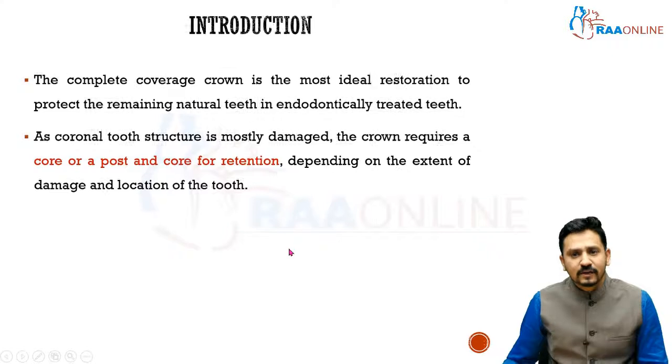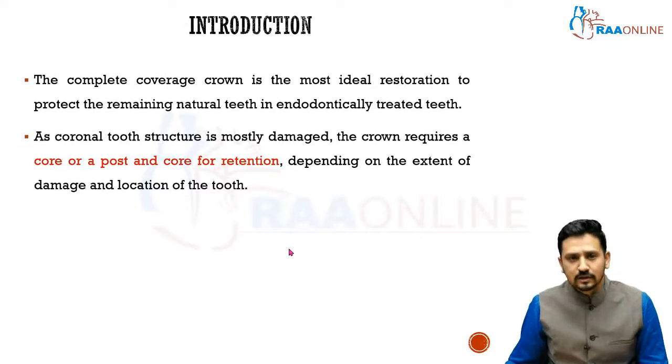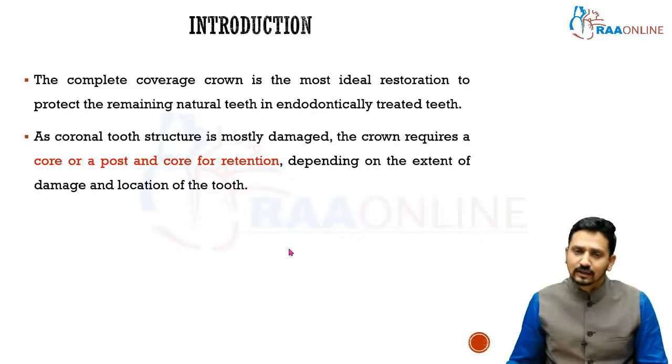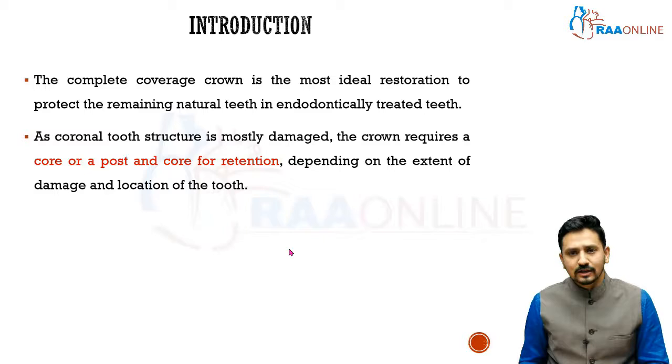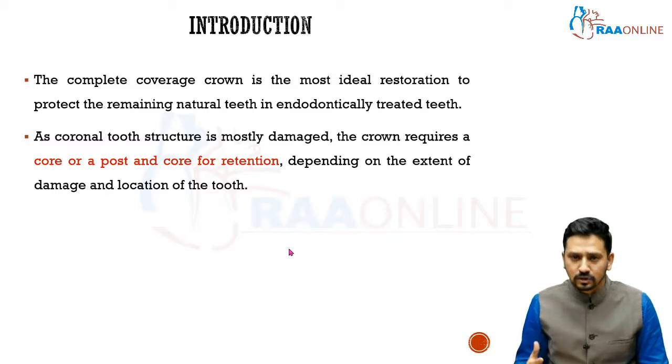The complete coverage crown is the most ideal restoration to protect the remaining natural teeth in an endodontically treated teeth, like how I told you in the previous slide. As coronal tooth structure is mostly damaged, the crown requires a core or a post and a core for retention, depending on the extent of damage and location of the tooth.